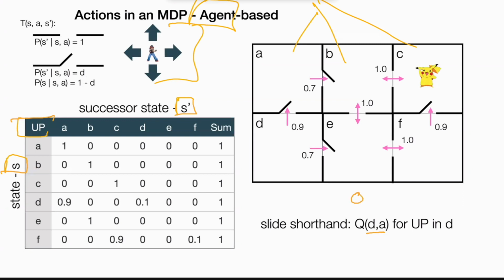That's the same as saying it's Q, D, up, or I'd be writing T, D, up, A, for example. And of course, if I was writing this problem formally, I'd need this times 4, writing down all the probabilities. This is a bit different from what we saw when I was just doing a single action. This is encoding the entire problem, and it shows you all the probabilities we need.